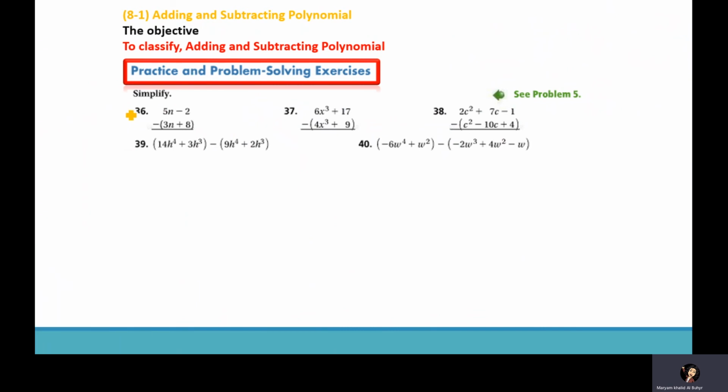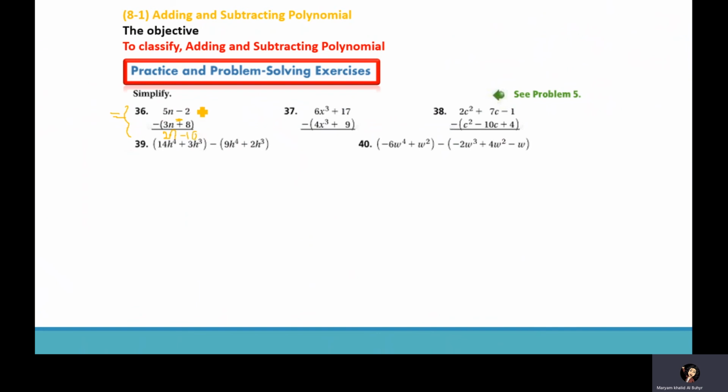So let me rewrite this one here. It is up to you if you want to keep it like this and directly work on it and say, Miss, I know that I can figure it out and focus directly that this minus is for here and here. So you can say directly that's 5 minus 3, which is 2n, minus 2 minus 8, which is minus 10.